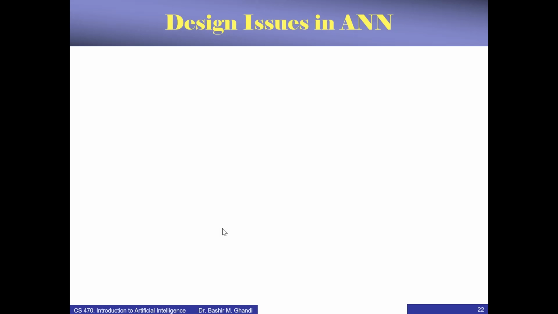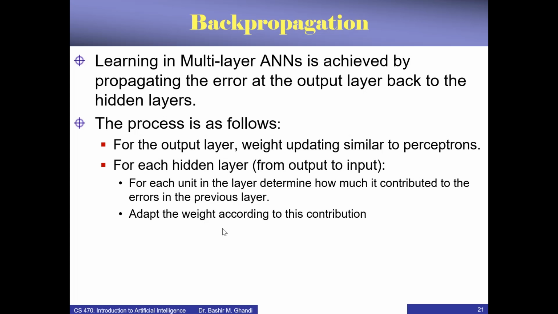Okay, and we repeat the process. Now that we have obtained this error at this layer, we again propagate it back to the preceding layer, and we repeat the process until we reach the input layer, and we will be able to adjust the weights accordingly. So this is basically how backpropagation works in summary, without going into the detail of the mathematics involved.